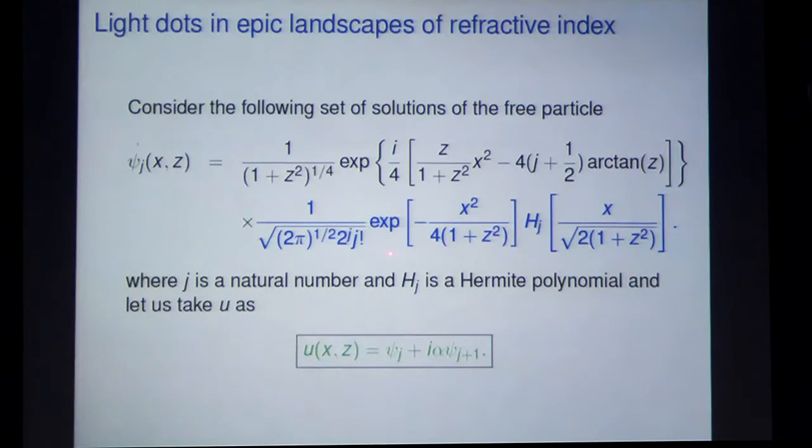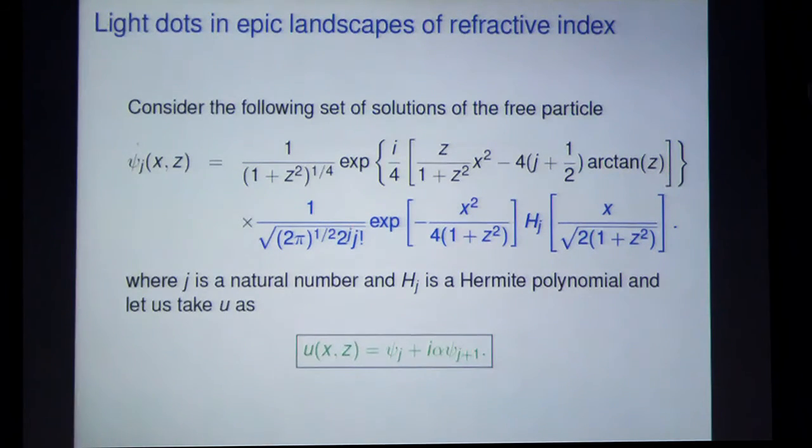They are solution of the free particle, and I'm going to take U as this superposition. It's a superposition of the solution J plus I alpha. Alpha is a real parameter, and the solution with the next index right here. I forgot to say that J is an integer number.